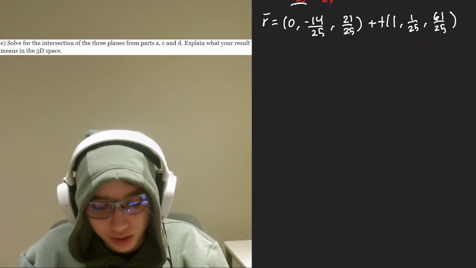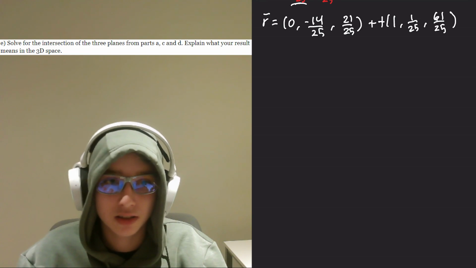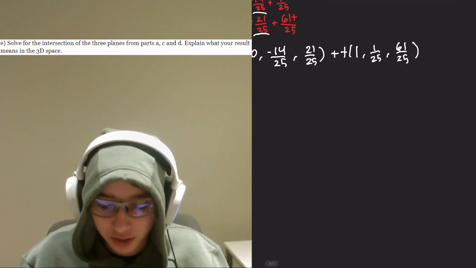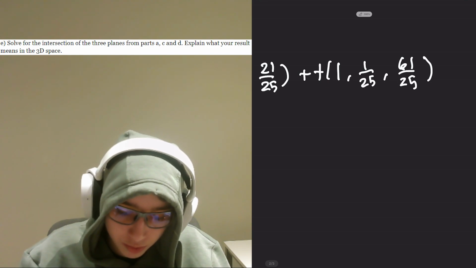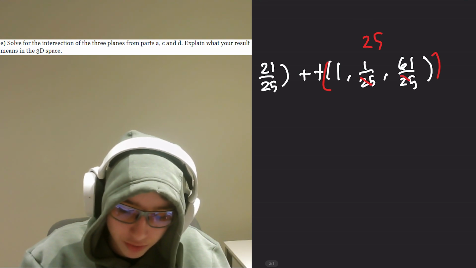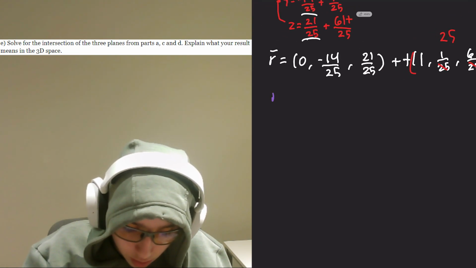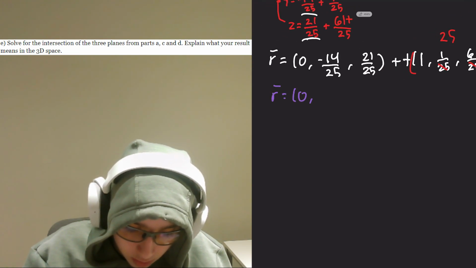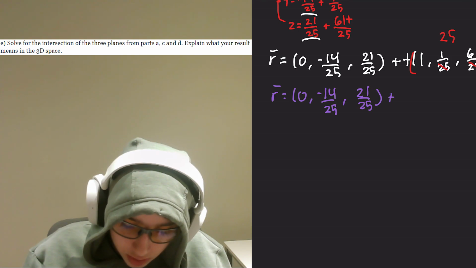Well, actually, when we're talking about direction vectors, we always want to have them in whole numbers. It's best to avoid fractions or decimals. So the easiest way we can fix this is by multiplying this whole equation by 25. And this would cancel out this 25 and this 25. So let's rewrite our final answer in purple here. We'll go r is equal to 0, negative 14 over 25, 21 over 25, plus t.